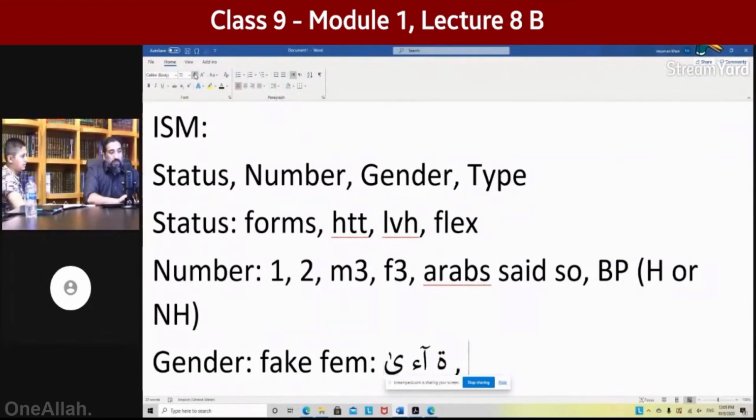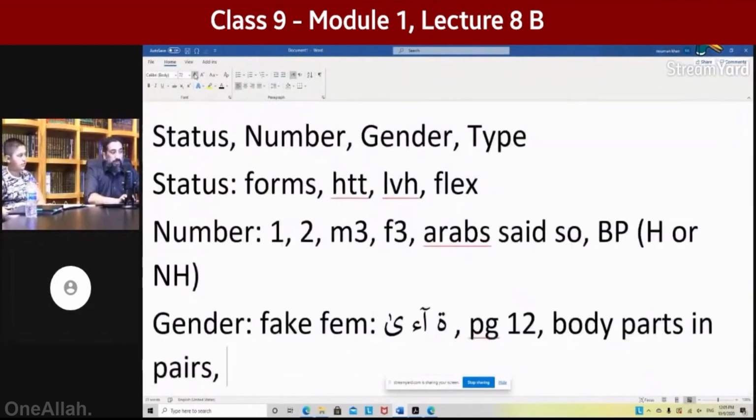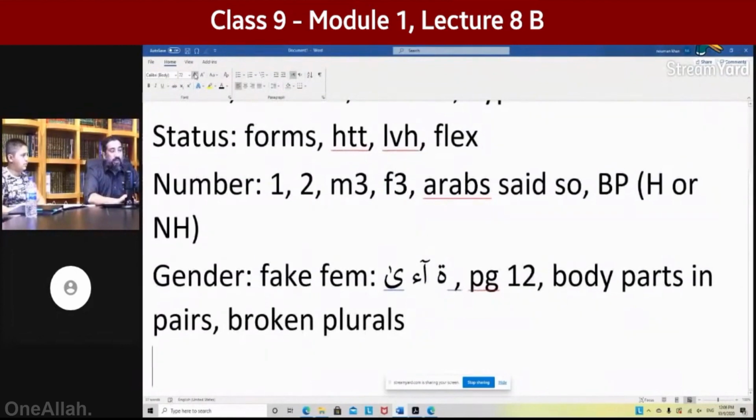We don't need to know those names. Page 12. Then body parts and pairs. Biologically, we're only doing fake feminine. We're not even doing broken plurals. That's our gender study. And then type is proper only. We don't study common.